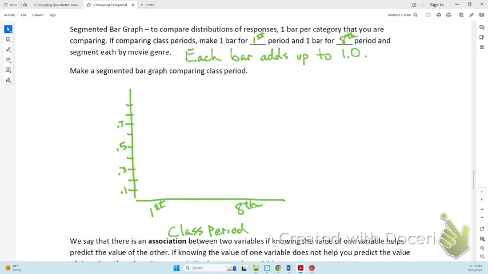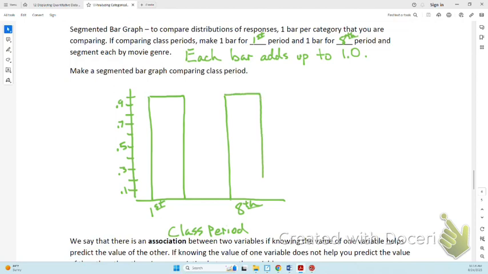One, 2, 3, 4, 5, 6, 7, 8, 9. One more. Okay. I make a giant rectangle all the way to 1.0. Let's try that again. And then another one all the way to 1.0.